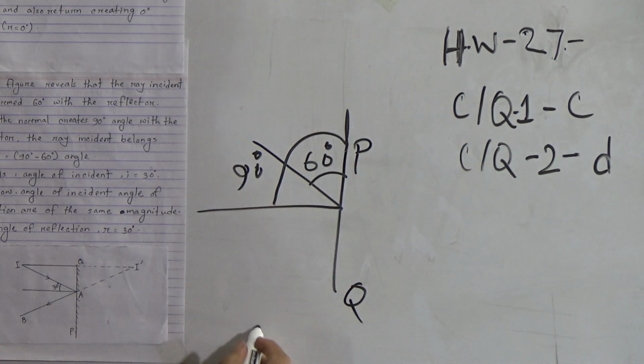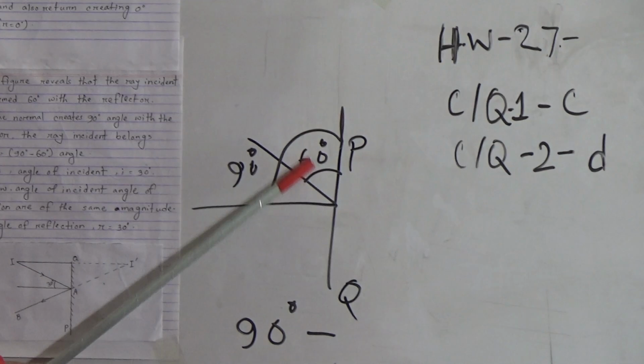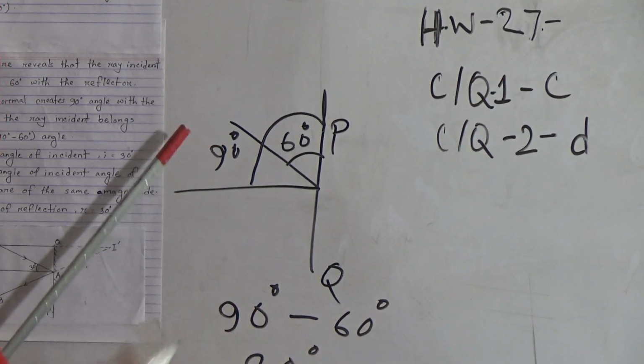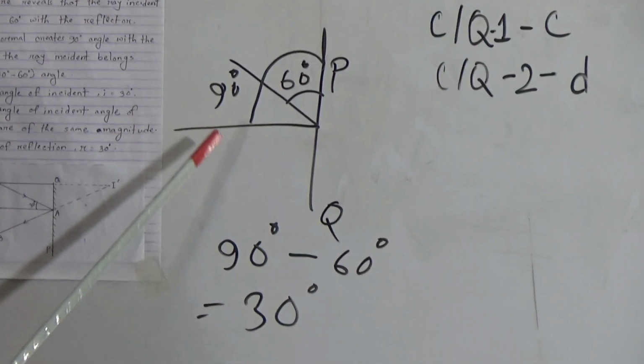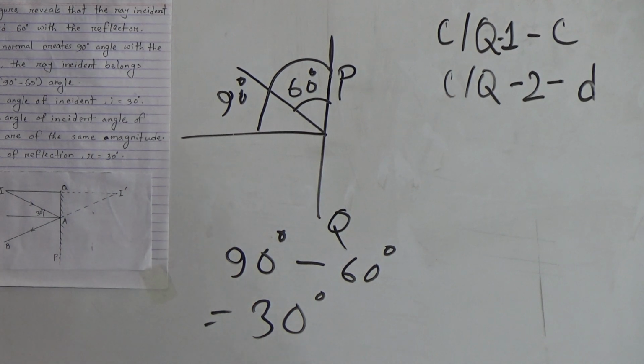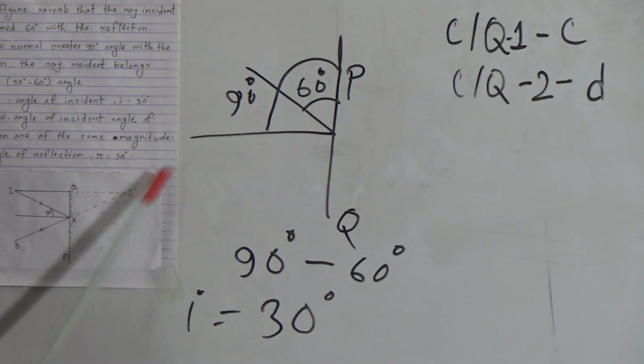So 90 degree minus 60 degree equals 30 degree. So the angle of incidence I is 30 degree, and we know the laws of reflection. As per the laws of reflection, the angle of incidence is equal to the angle of reflection. So if I equals 30 degree, then R also equals 30 degree.